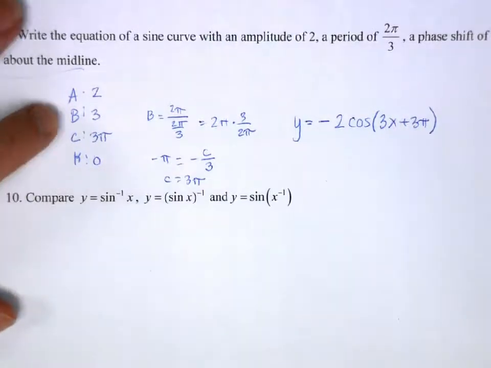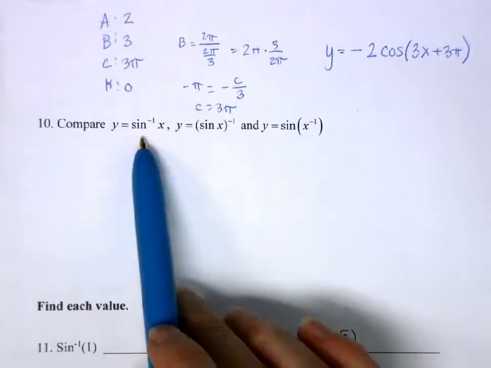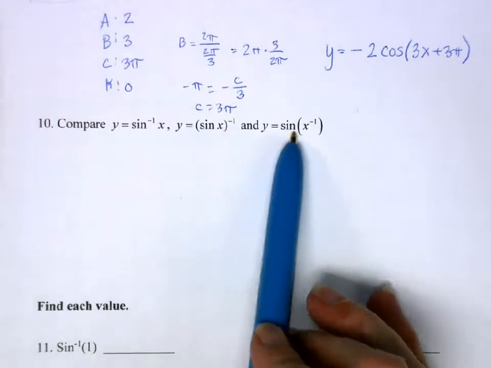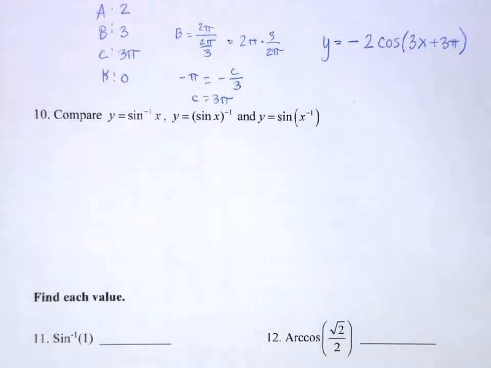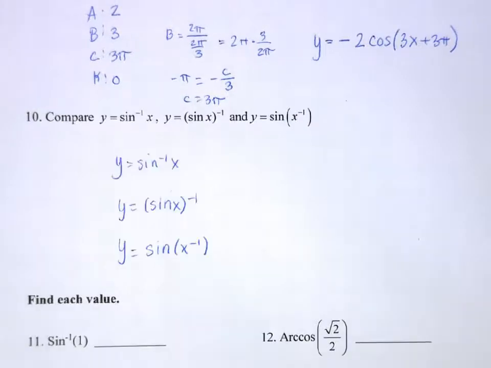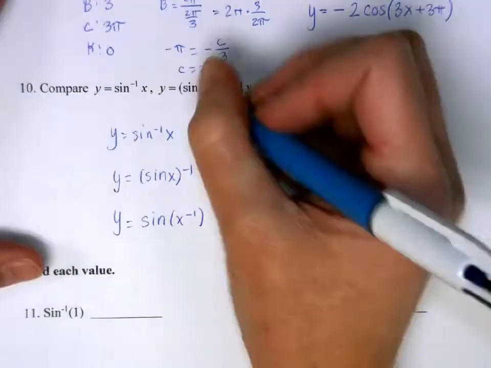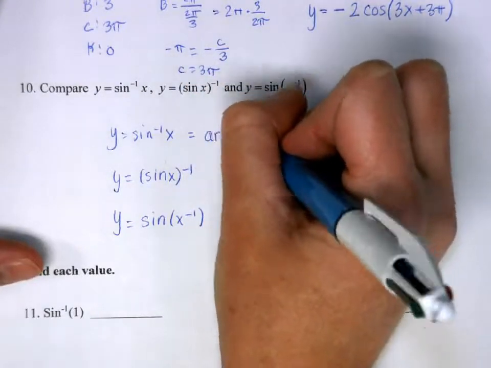So we're going to compare sine negative 1 of x, sine of x to the negative 1, and sine of x to the negative 1. So these look very similar, but they are not the same. The first one is notation for the inverse. So this is going to be equal to the arc sine x, which is our inverse.